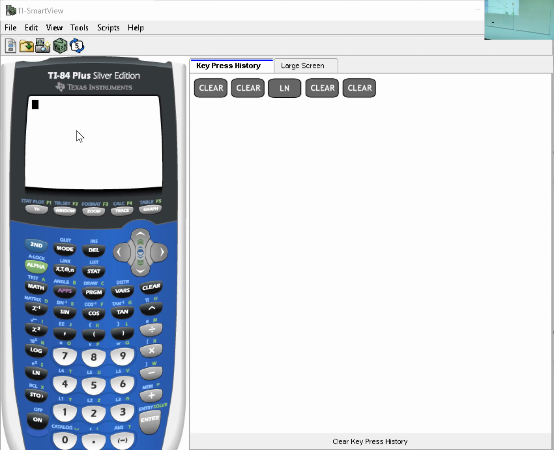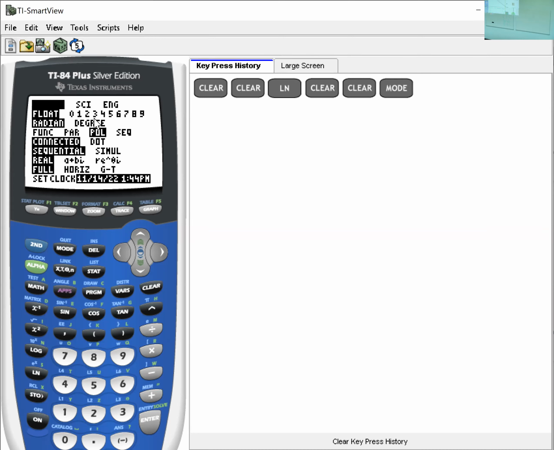You press the mode button and go from radian to degree. The next line, you've got function. PAR stands for parametric, POL stands for polar, and SEQ stands for sequential, or sequence.